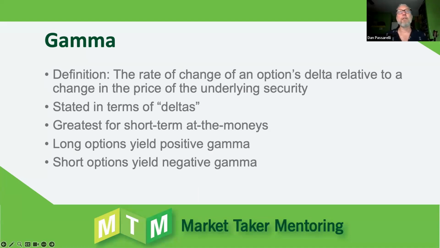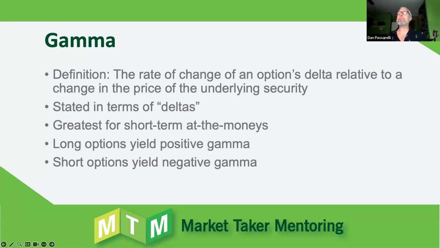If I have an at-the-money call with close to a 50 delta, if the stock goes up by a lot, now the call's deep in the money. Now it has 100 delta. So I make money not just at a steady rate, but at an increasing rate with calls. And if the stock goes down, I lose money with calls, but I have limited loss. So I lose less and less as the stock falls because my delta gets smaller and smaller.